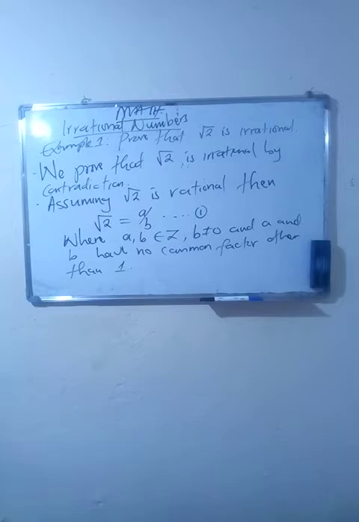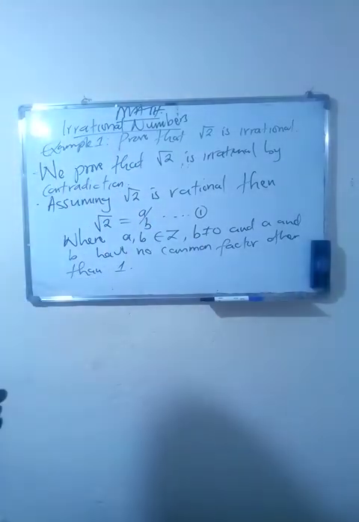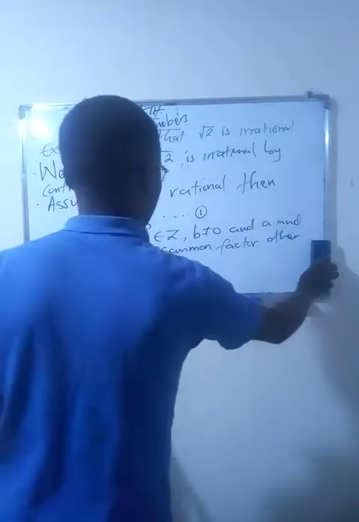The second step that you're going to do is to make a the subject of the formula in equation 1. That is the second step. So let's go ahead and do that.